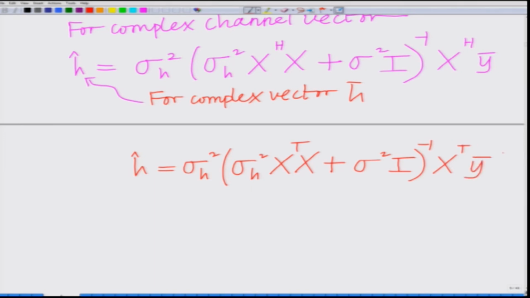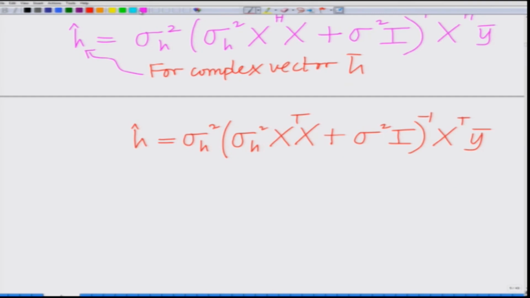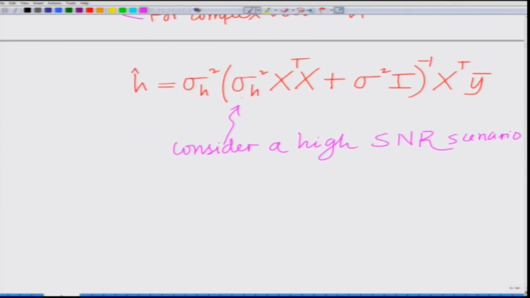Now, consider the scenario of a high signal to noise power ratio, a high SNR scenario. In high SNR scenario, remember what will we have? The signal power is much greater than the noise power. So, look at this, this is a signal component, this is your noise covariance.